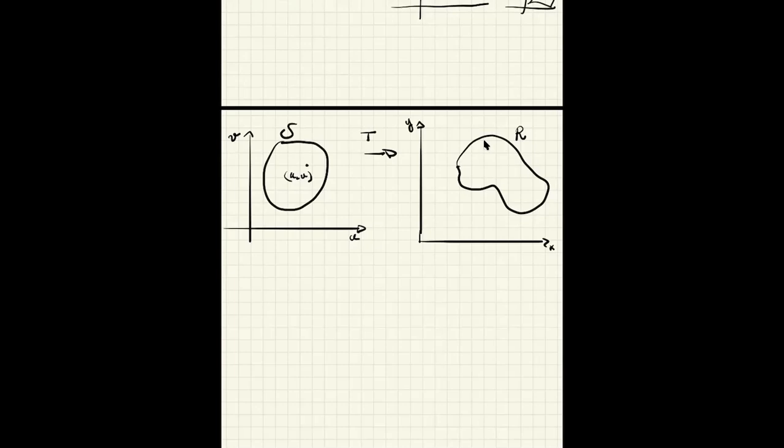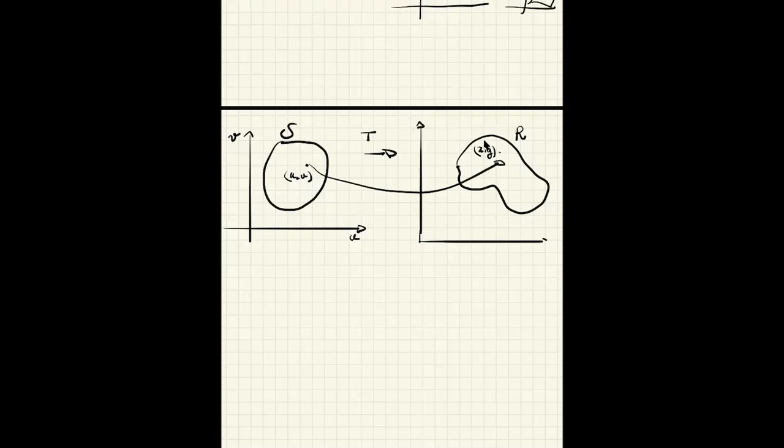So intuitively speaking, that's it. Now mathematically speaking, I apply T to a point, and this point is transformed to another point, X and Y. Don't get confused with X here and X here.